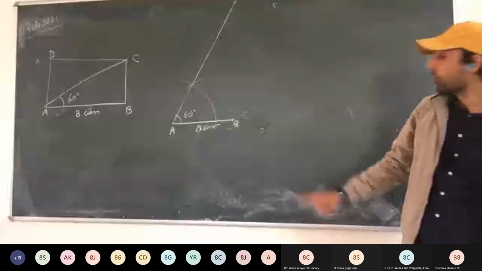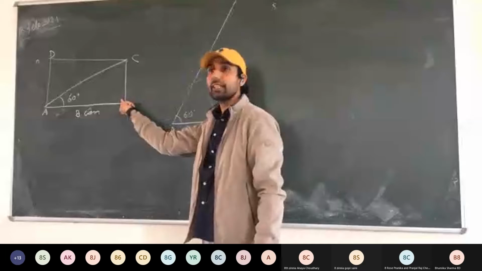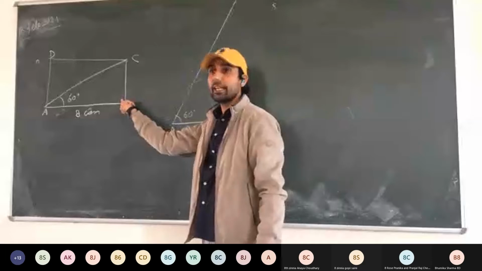So draw an angle of 90 degrees at B. This angle in a rectangle is an angle of 90 degrees. Yes, look front.